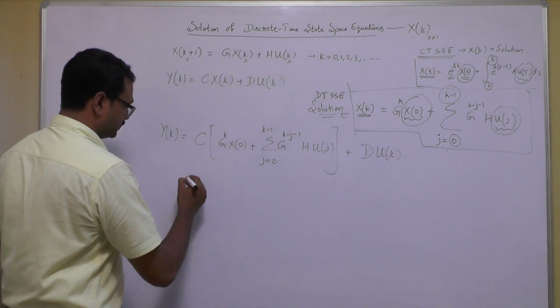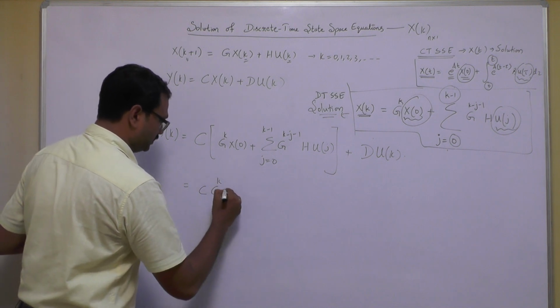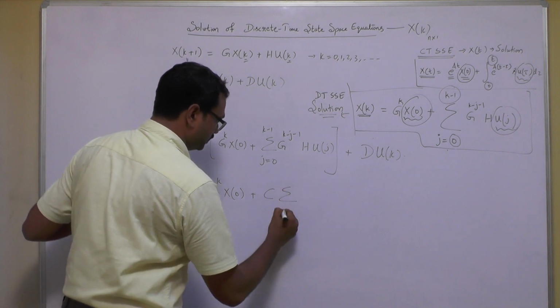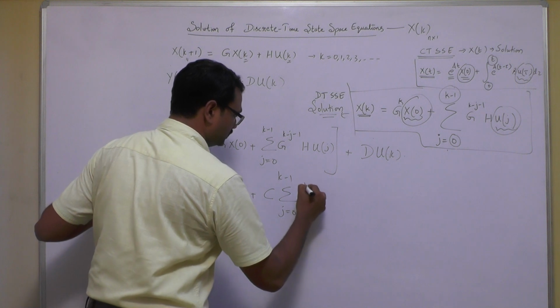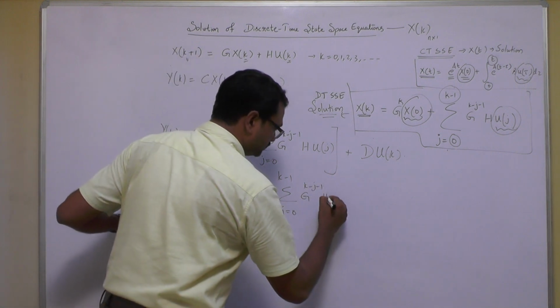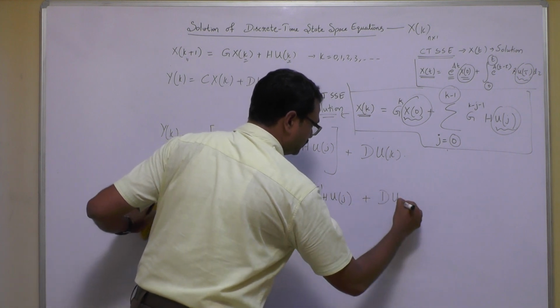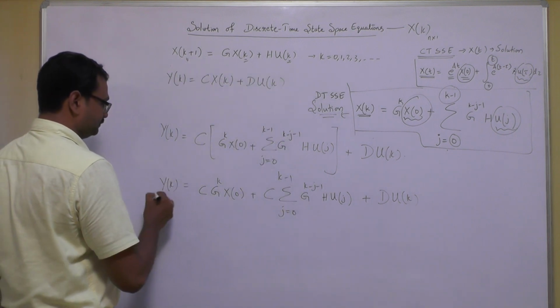So from this you can obtain c g power k x0 plus c sigma j is equal to 0 to k minus 1 g power k minus j minus 1 h u of j plus d into u of k. So this is your output equation.